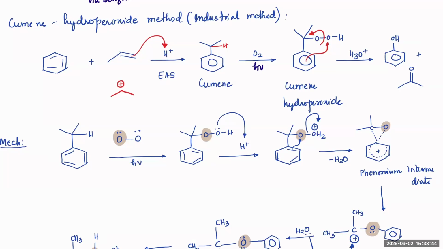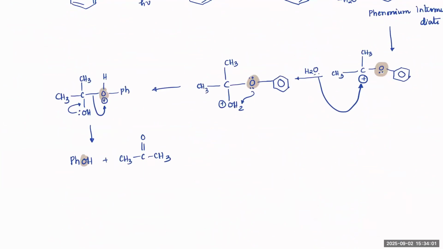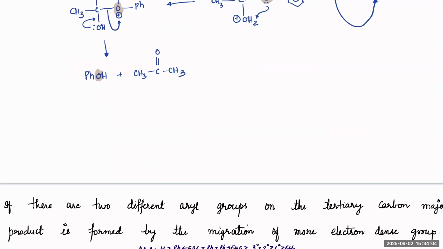In the light, this bond will break, and from here the phenyl bond will break and connect onto this oxygen. So you end up with phenol, and this part will convert into acetone. Again, the mechanism is just for your reference. Don't worry about that. So the final products are phenol and acetone.